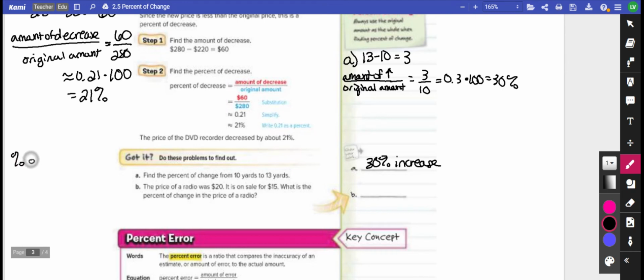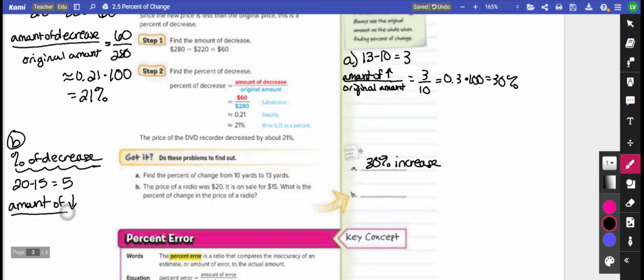So this is a percent of decrease. I'm going to label this with letter B. So I'm going to take 20 minus 15, which is 5, and find the amount of decrease divided by the original amount.